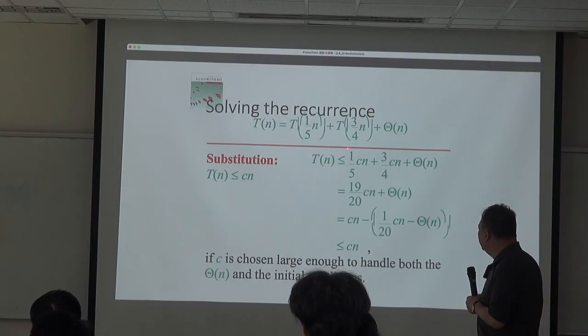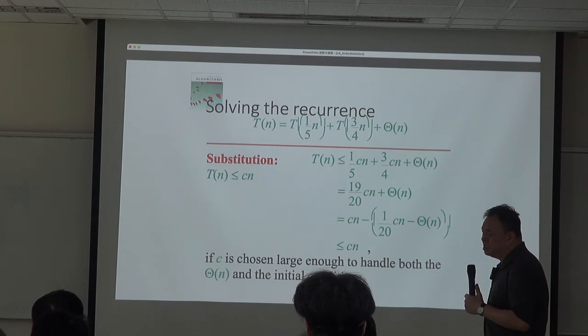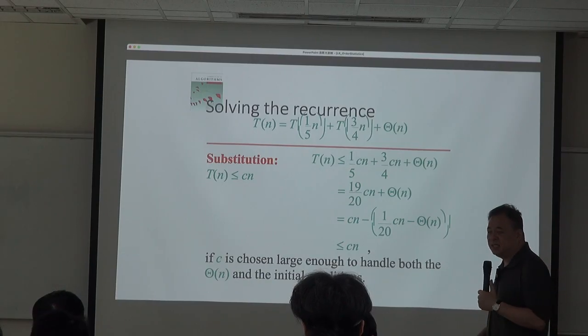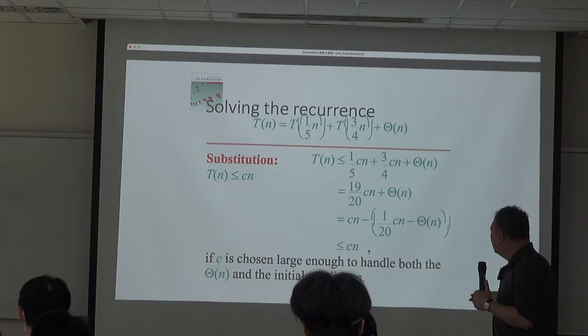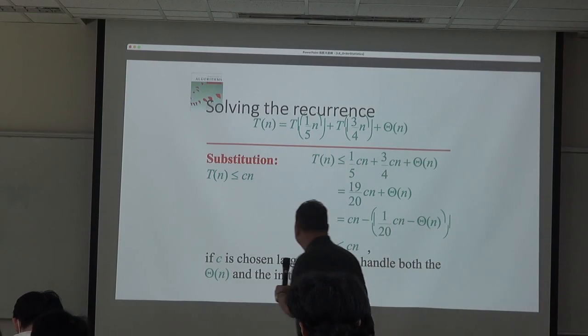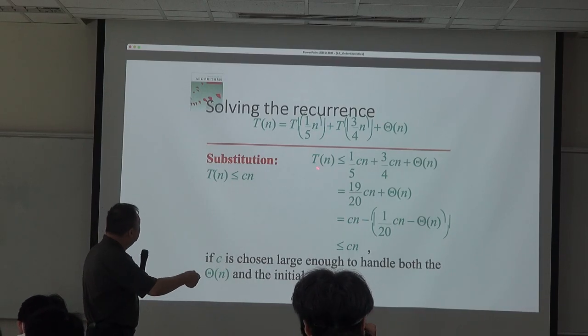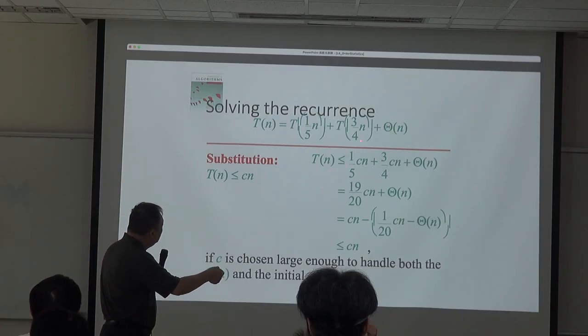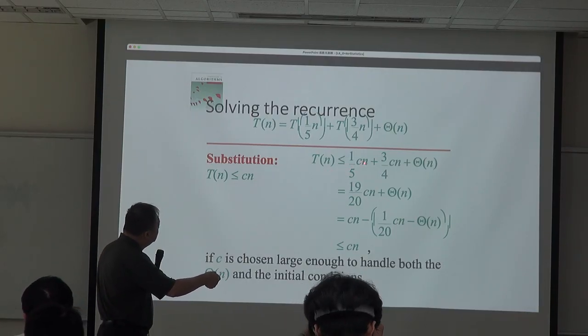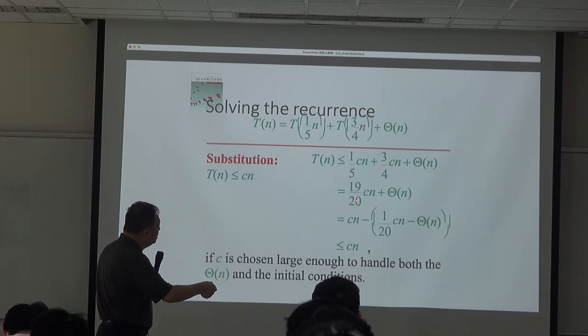You can use the substitution method, assuming T(n) is bounded by Cn, and then use induction. So T(n) is less than or equal to 1/5 Cn plus 3/4 Cn plus linear time. You add them up, it's going to be 19/20 Cn plus theta(n).